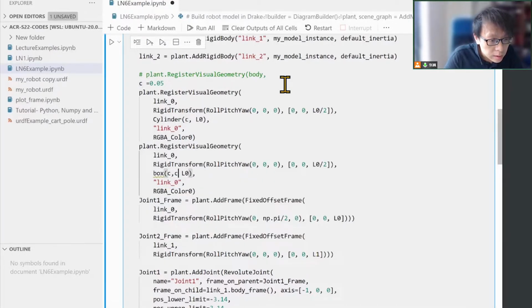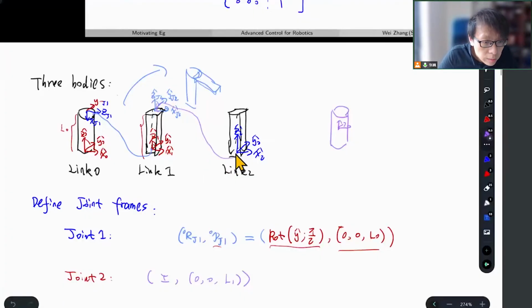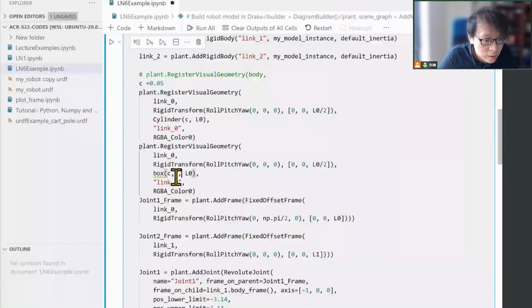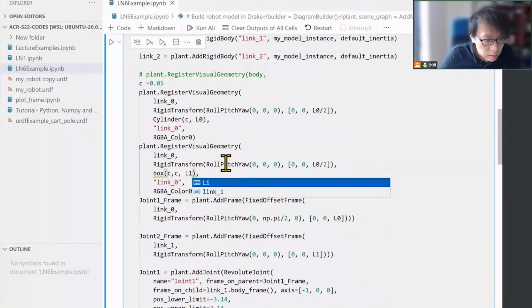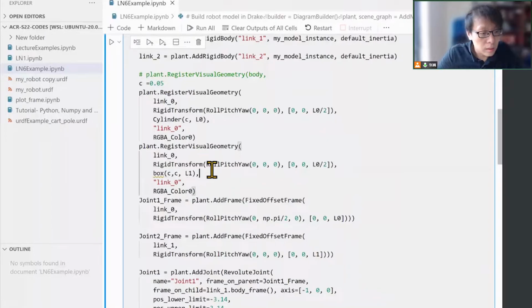Let's call that C. C is this part, okay? And let's call them height, width. Oh, sorry, length, width, height. Anyway, this small dimension is C. I define C as 0.5, and the height is L1. This is called L1, link 1, okay?